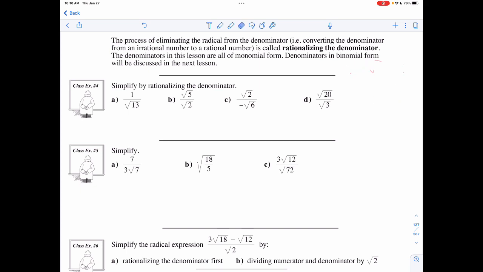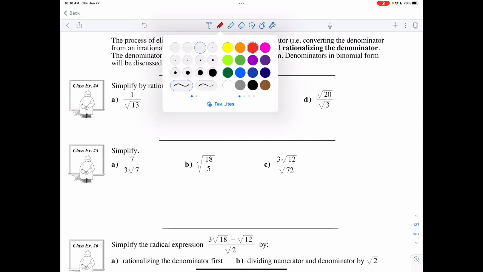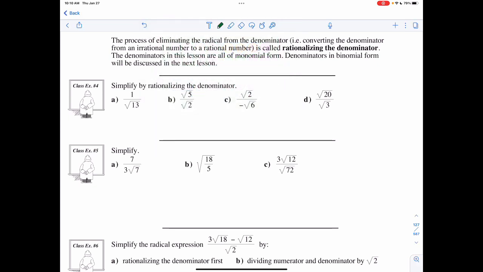How does that apply here? Well, if I want to cancel out a radical, I need to multiply it by the same radical. But to get an equivalent fraction, if I do it in the denominator, I have to do it in the numerator, which means that this is going to give me the square root of 13 over 13.